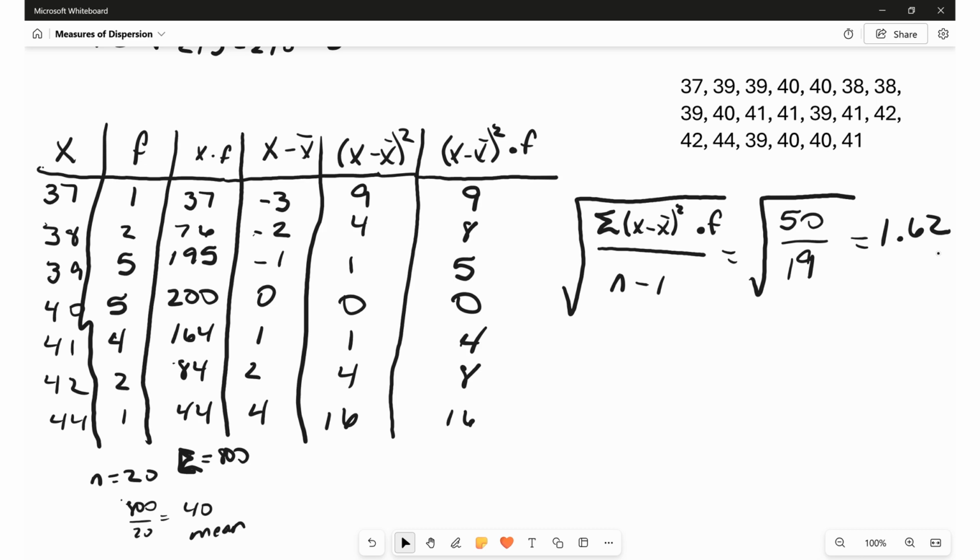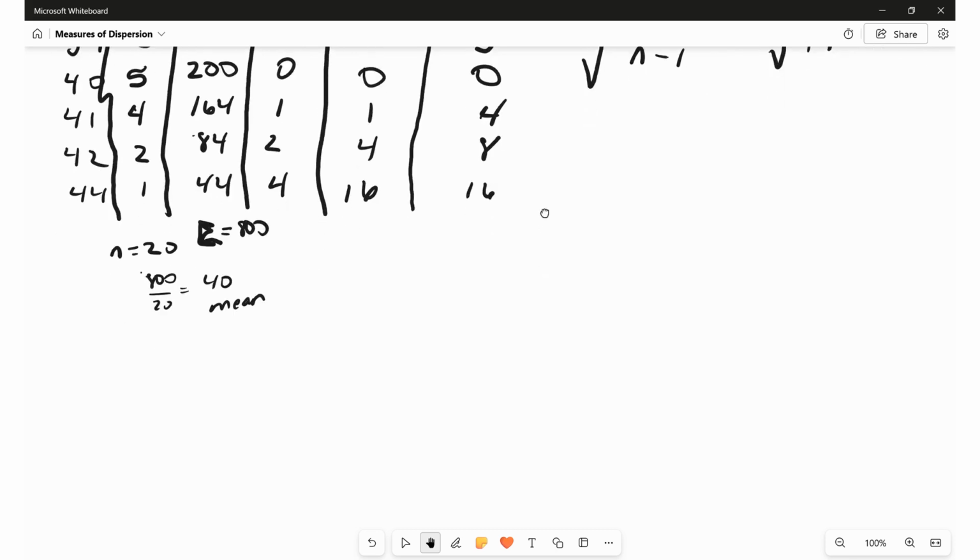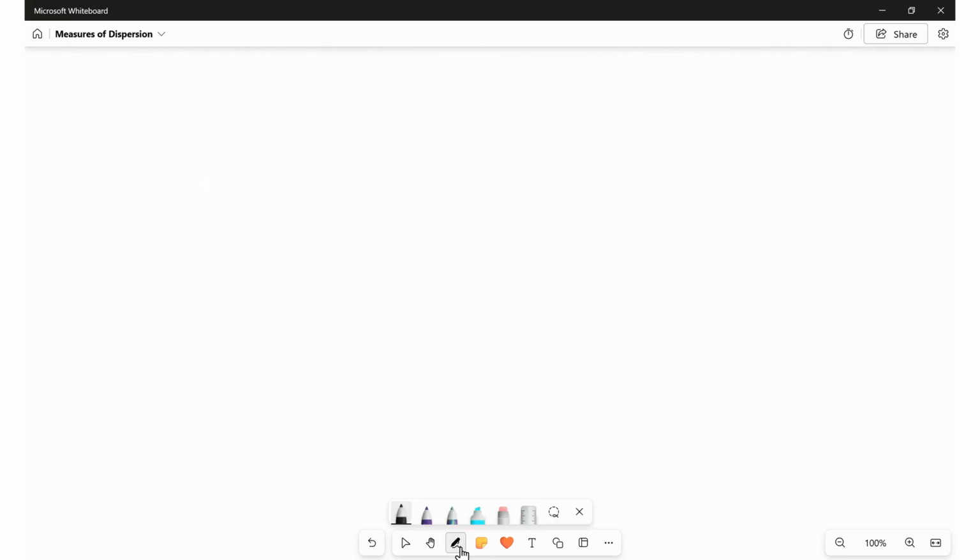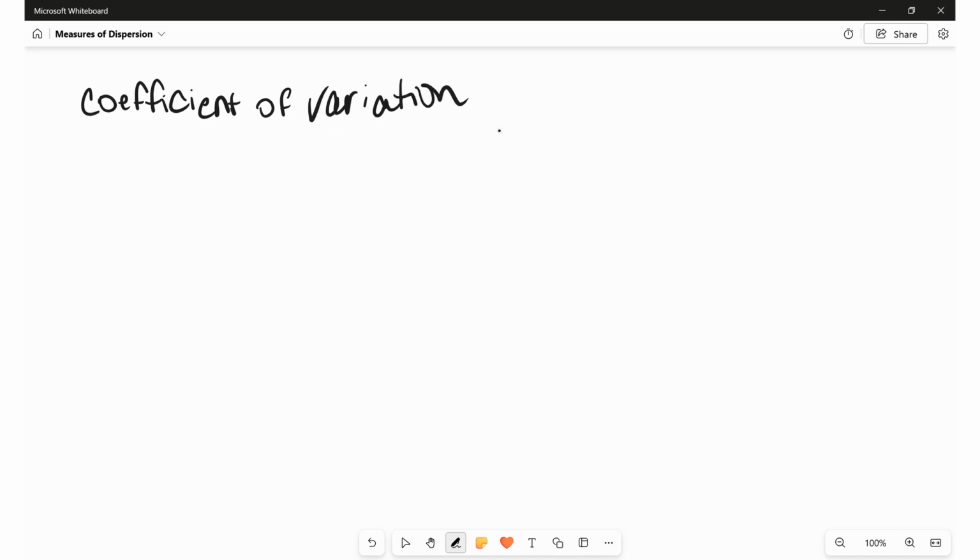Okay, so this is how we can tell if a stock is good to buy or not. Okay, because something else that we can look at when we're looking at measures of dispersion is something called the coefficient of variation. Or you might see it abbreviated just CV.